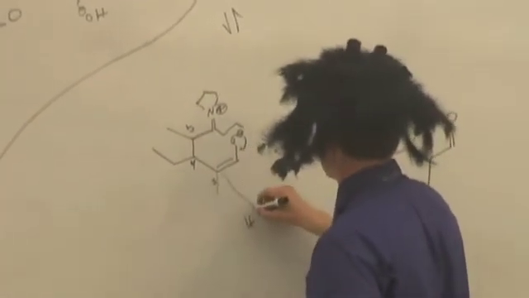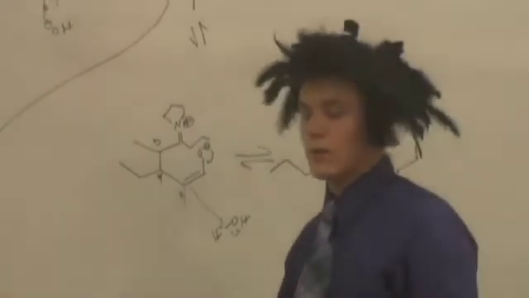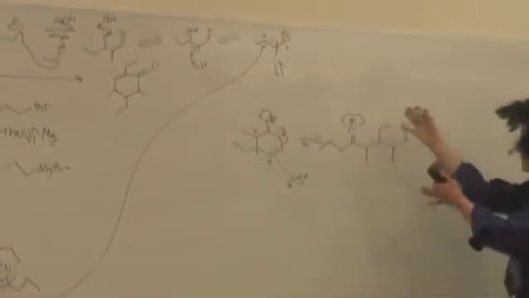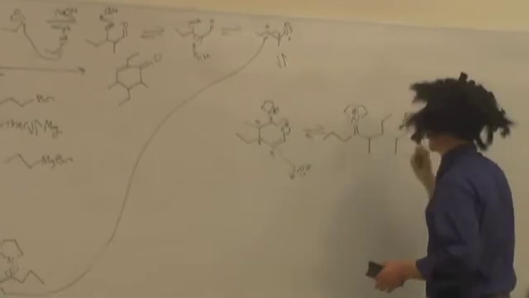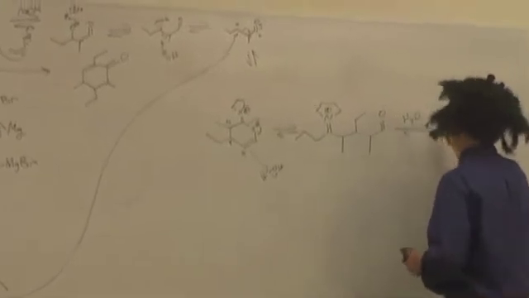And then these electrons go here and attack the proton, those go over there, and you get this. So now what can you do? You need to get rid of this enamine, this electrophile that has a positive center right there, so we can make it into a ketone by hitting it with a little water.